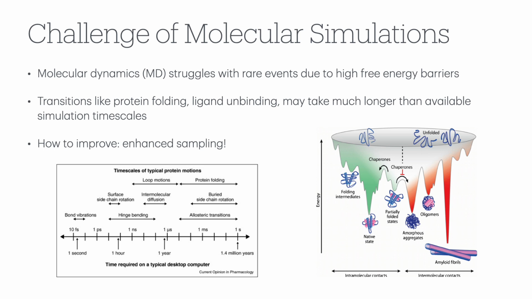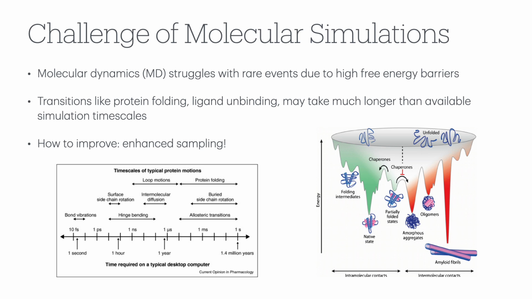That's the time step we use to update our positions, and it's super small. But as you can see in the image on the bottom left, the interesting transitions, like protein folding, can take microseconds, which is orders of magnitude more. And you can see the time required on a typical computer can be upwards of many, many years.